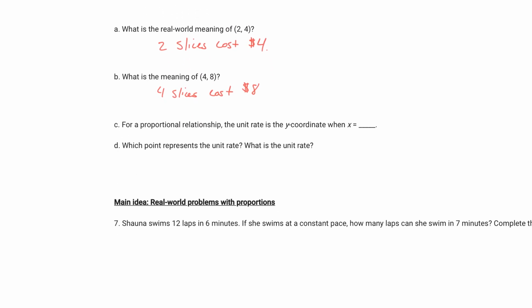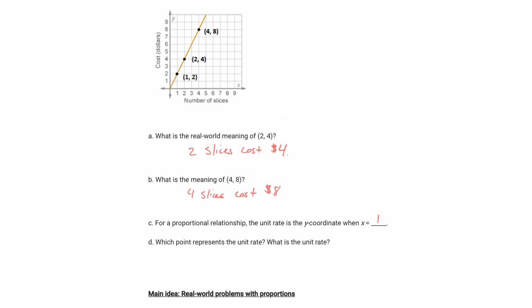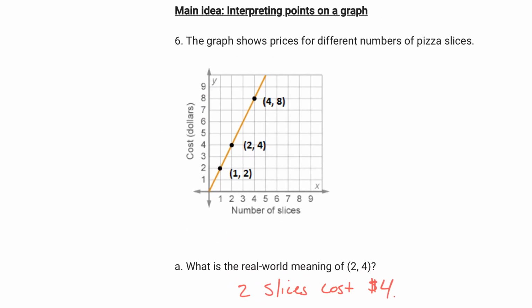And for a proportional relationship, the unit rate is the y-coordinate when x is equal to 1. Which point represents the unit rate? What is the unit rate? So when x is 1, the y value is 2.